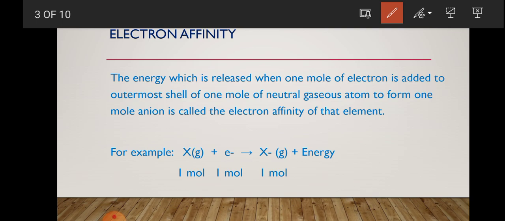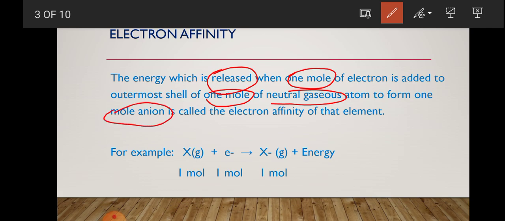The energy which is released when 1 mole of electron is added to the outer shell of 1 mole neutral gaseous atom to form 1 mole anion is called the electron affinity of that element.